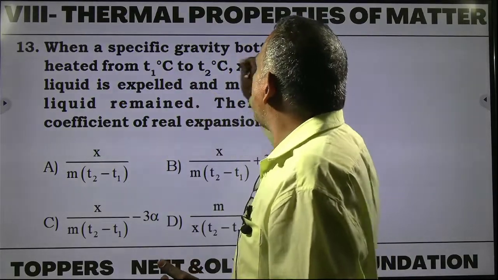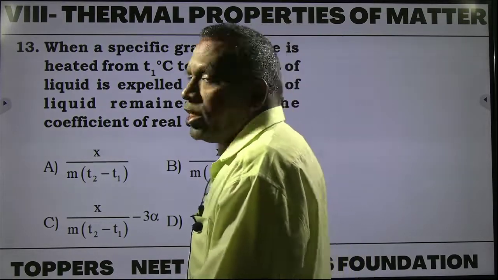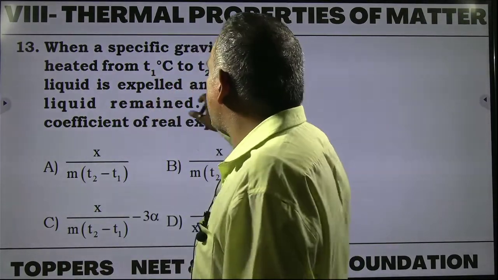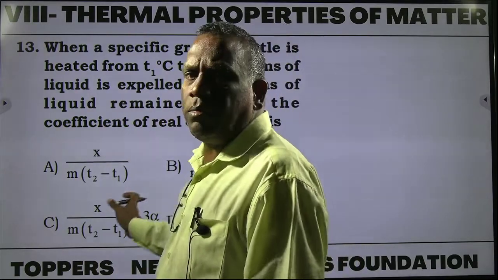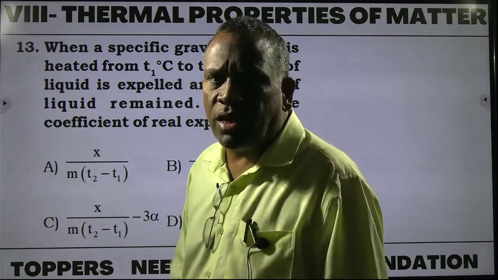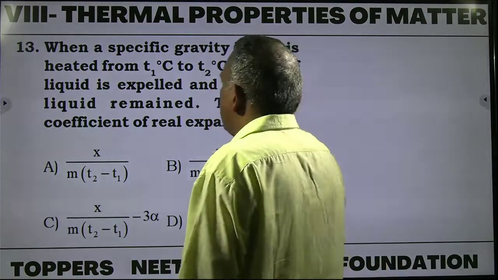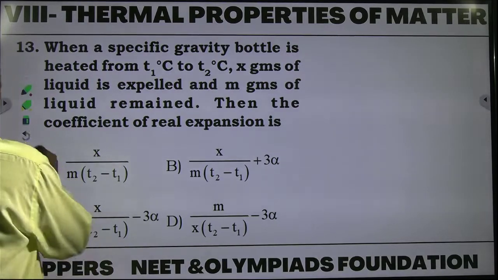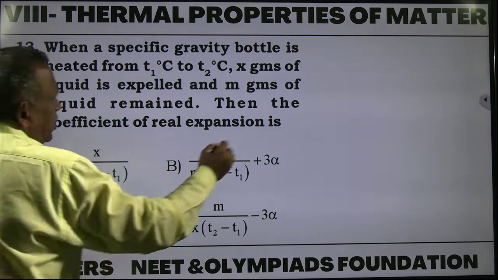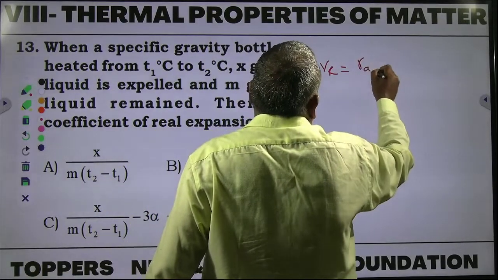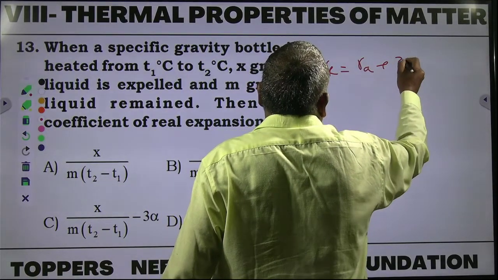When the specific gravity bottle is heated from T1 to T2 degrees centigrade, x grams of the liquid is expelled and m grams of the liquid remains in the bottle. What is the coefficient of real expansion? The real expansion is equal to apparent expansion plus container expansion, which is 3 alpha.